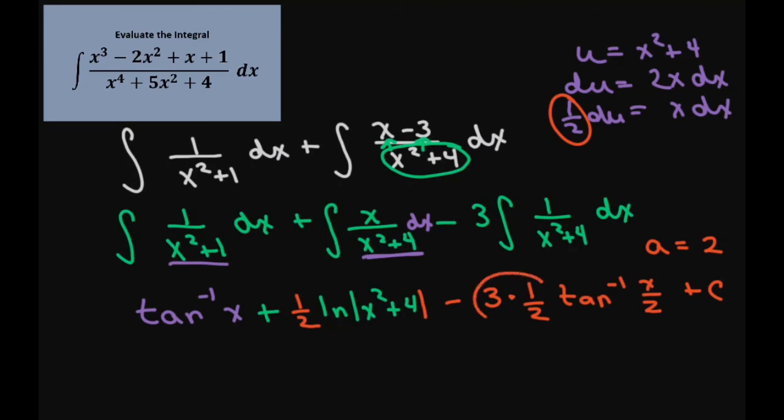This is just going to be 3/2. And again, on this one, I'm just using this formula here. So basically we had x squared plus 4, so your a is just the square root of this 4. And that's where I got it.